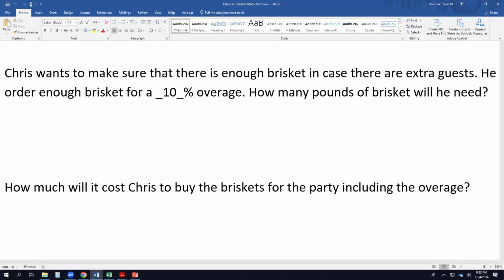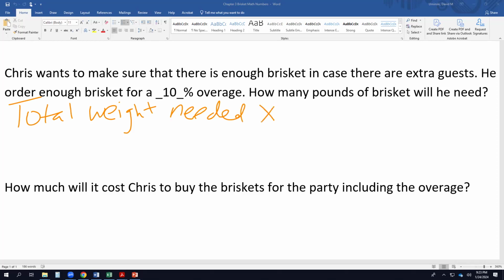So we take, this is the last two. We take our total weight needed times the percentage increase.